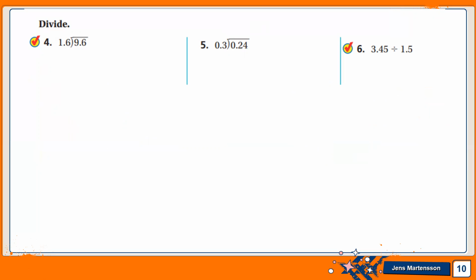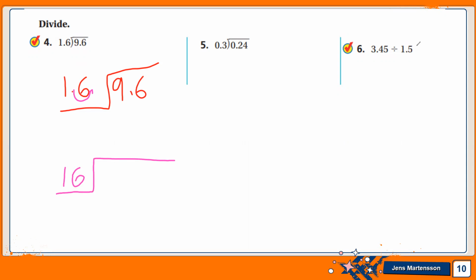Jilan? Yes, Jilan. Here, 9.6 divided by 1.6. Yalla. How many digits you have to move in the decimal point in a divisor? 1 digit. Bravo. So it comes as 16.